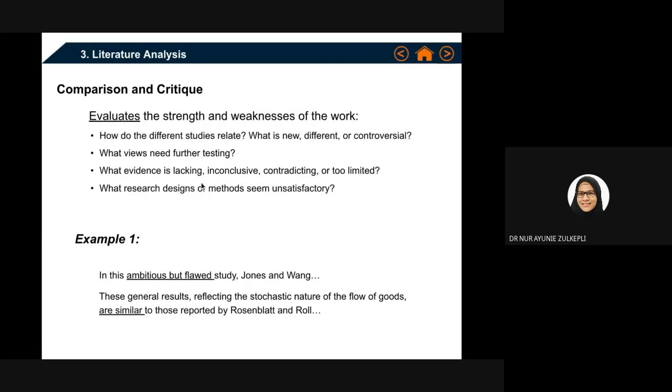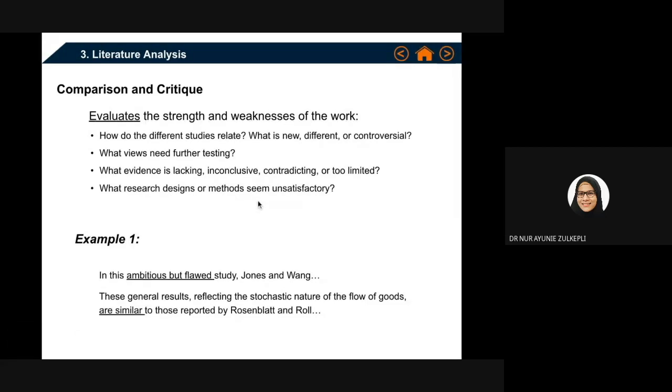Okay, for example, in this ambiguous but flawed study, Jones and Wang discuss about what? Okay, this general result reflecting the stochastic nature of the flow of goods is similar to those reported by Rosenblatt and Rowe. So this is some kind of weakness because it is already reported or has similar results to other studies.